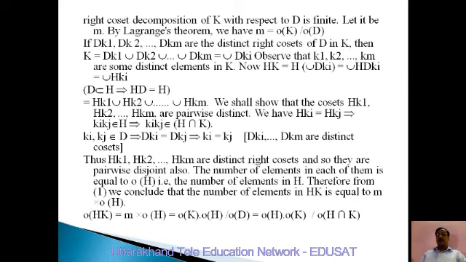So we have seen that the order of HK is the order of H times order of K divided by the order of H intersection K. Thank you.